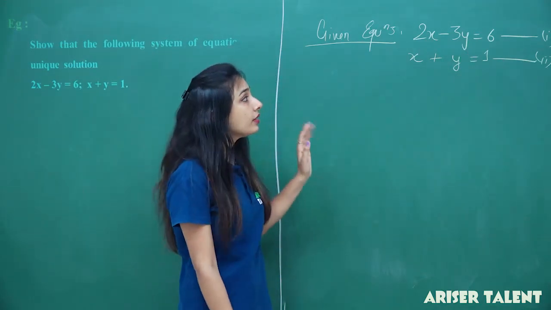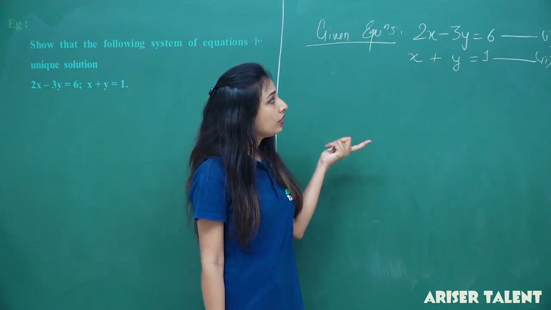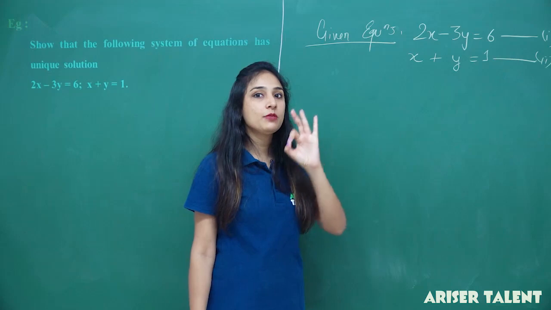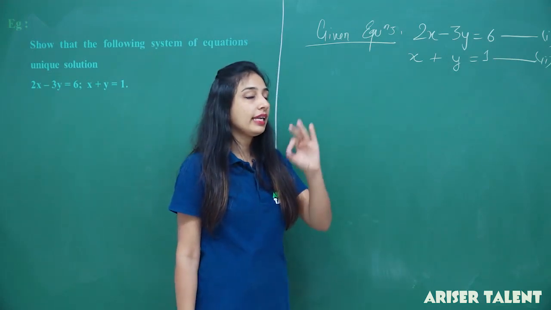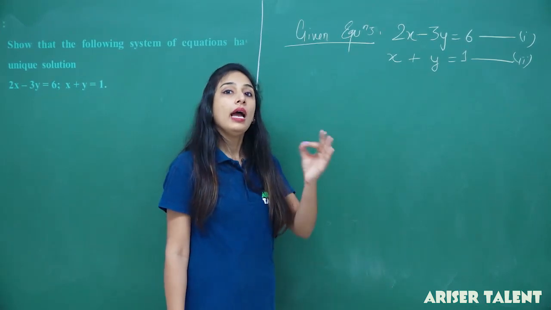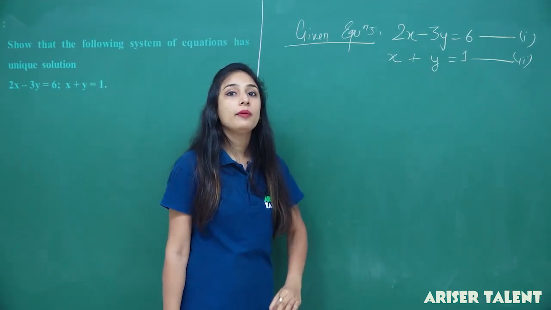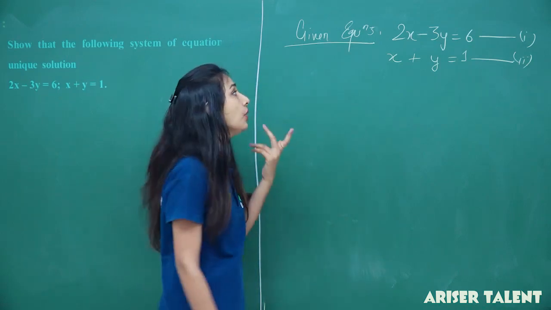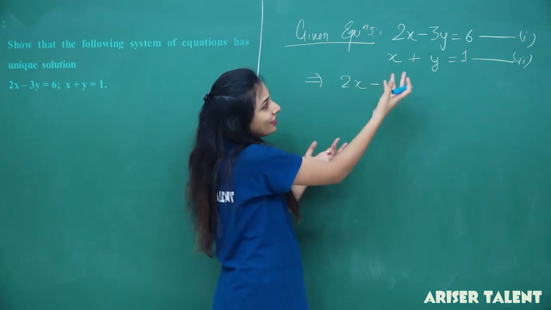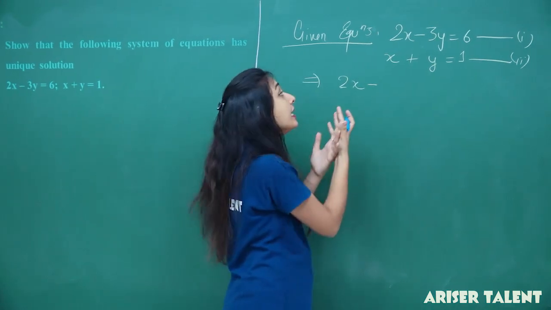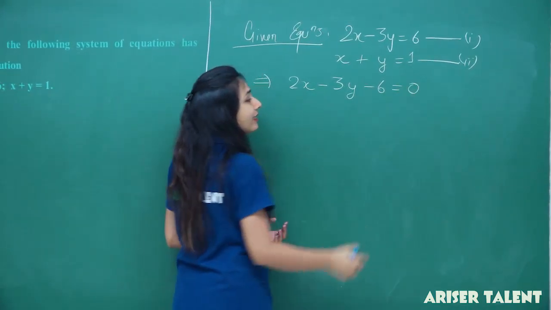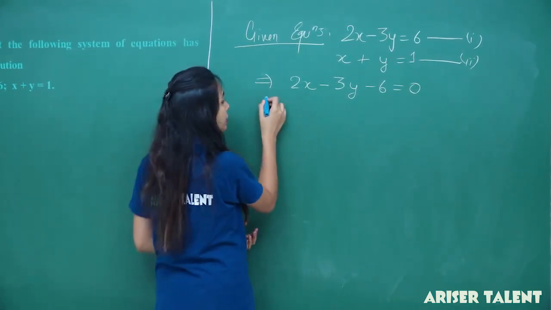Okay. Now, what we know is that we should have the proper system, the proper arrangement of a1x plus b1y plus c1 equals 0 and a2x plus b2y plus c2 equals 0. So that implies that these equations can be written like this.